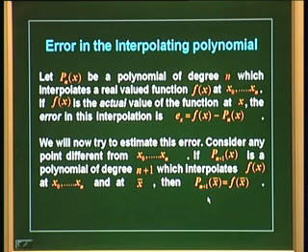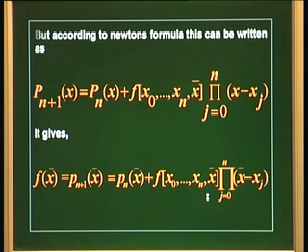Then we can define the polynomial Pn plus 1 of x as Pn of x, which was going through all the n plus 1 points, plus an additional term which will now be the n plus 1 term. The n plus 1 term is the product over j equal to 0 to n of x minus xj, and the coefficient of that will now contain x bar.